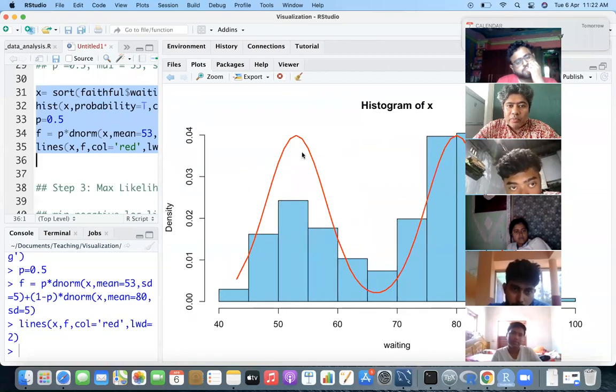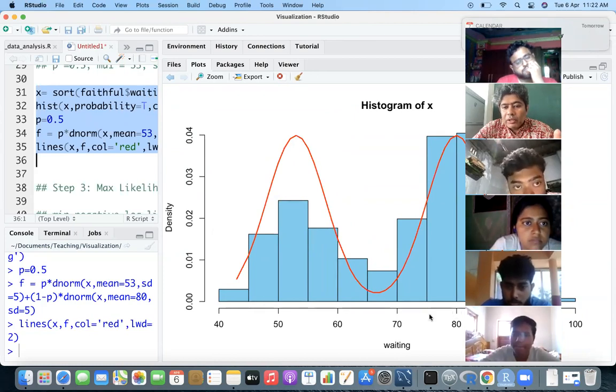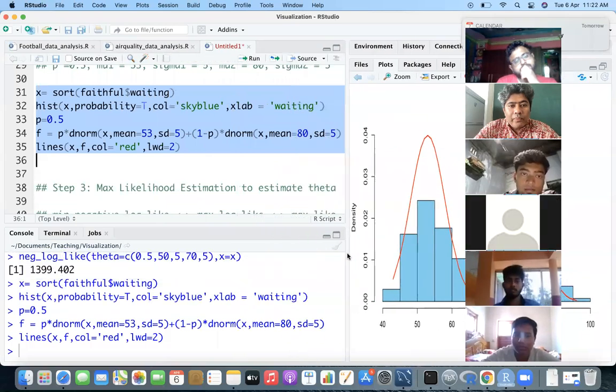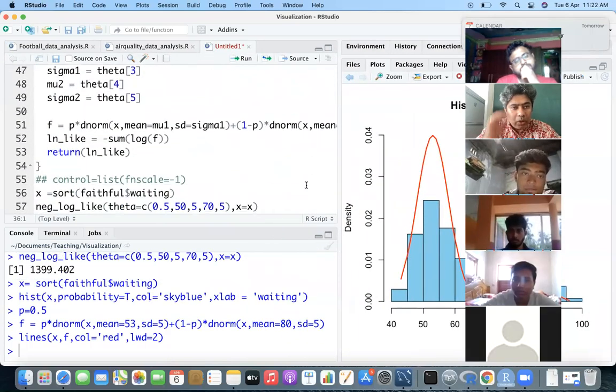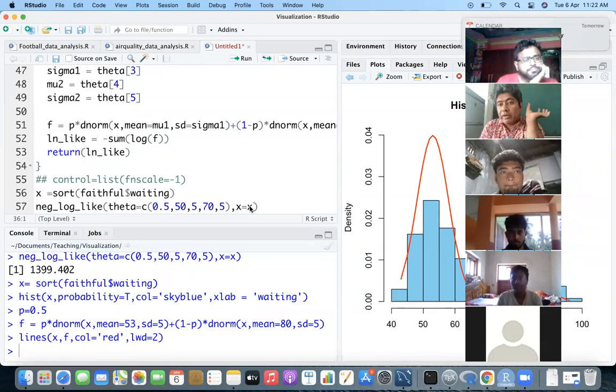Basically there are two modes, you are saying, right? But these two modes are on the X variable. Now I am going to optimize on theta. Theta is a 5-dimensional object. My x's are all fixed. Remember that, my data I have observed. Technically, I'm not going to change anything.